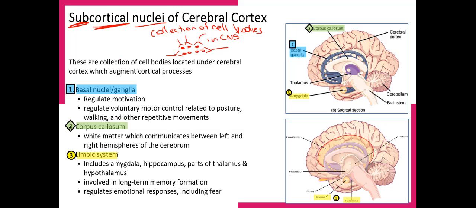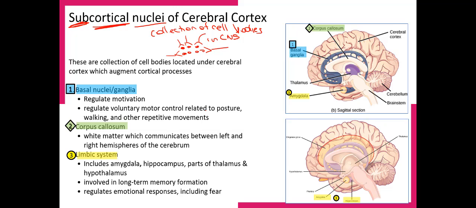You've got the basal nuclei and the ganglia, which regulate motivation and also regulate voluntary motor control related to walking, posture, and other repetitive movements. In Parkinson's disease, it's the basal ganglia that is affected. You've also got the corpus callosum.